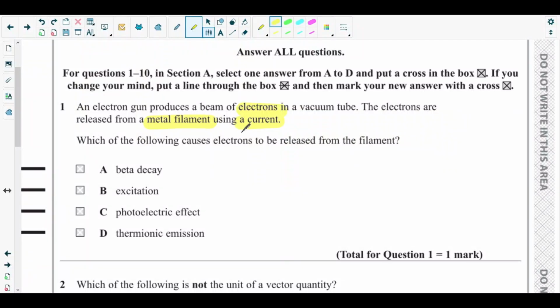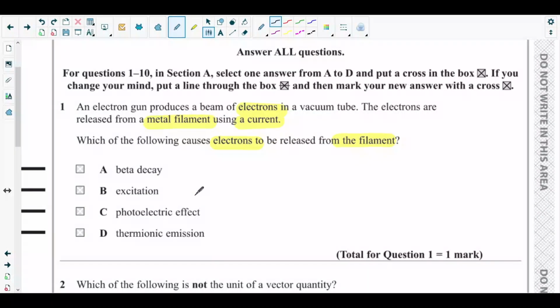Which of the following causes electrons to be released from the filament? Just consider current is flowing through the metal filament. In order to have flow of current you should apply PD. So PD has been applied. Due to this applied PD, the metal filament will get heated up, and so it will discharge electrons.